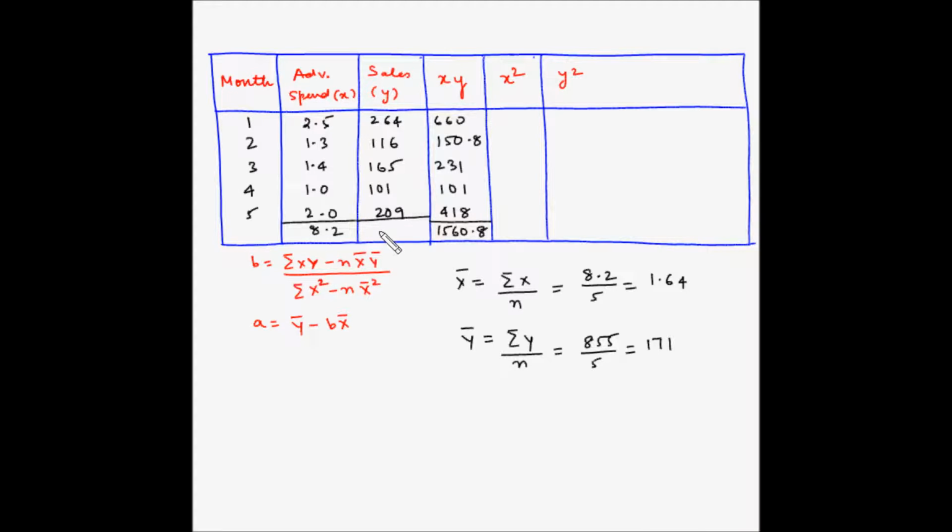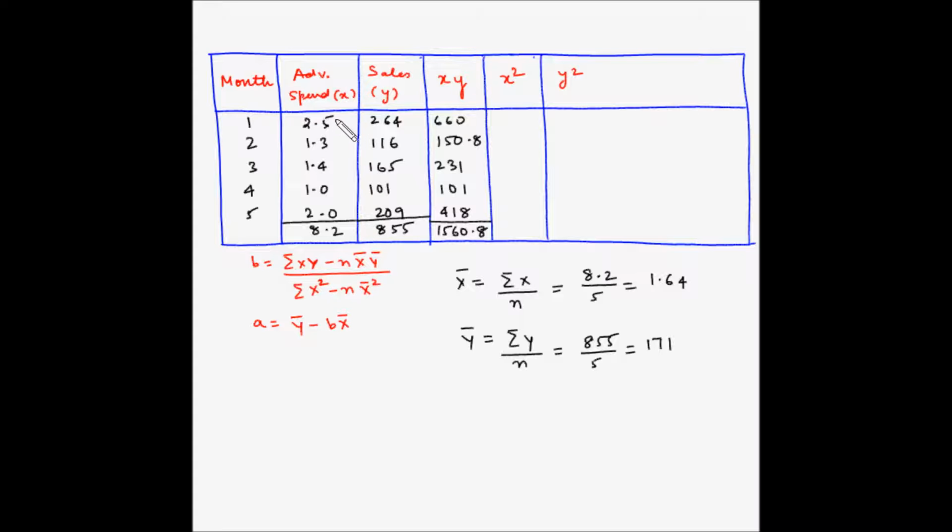Now we can find the value of n multiplied by x bar multiplied by y bar, as we have all the values available. Next we have to find the addition of all the x squares.